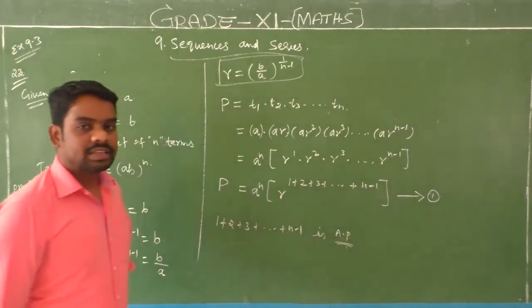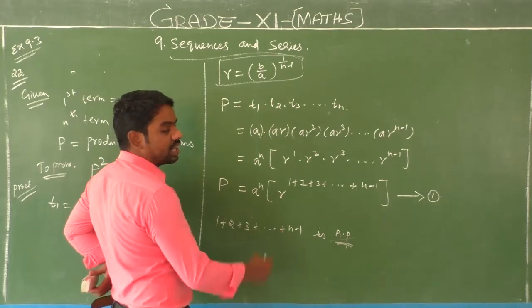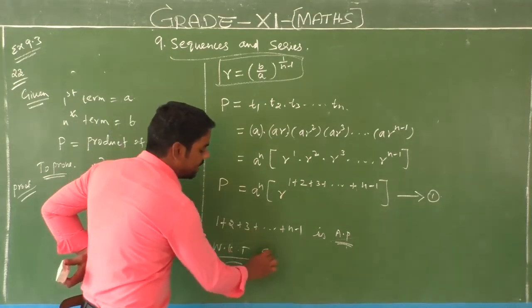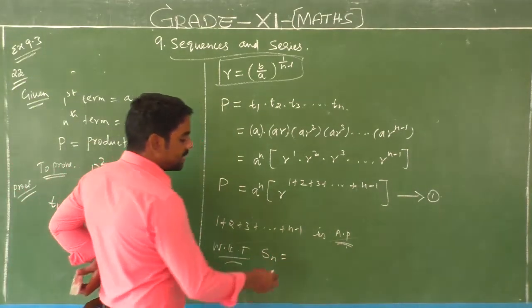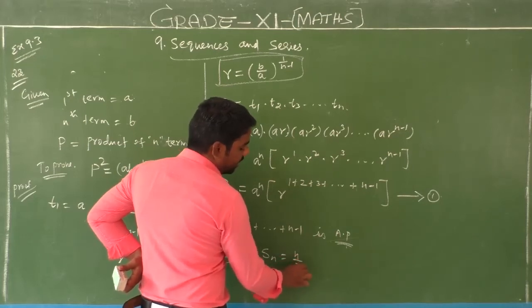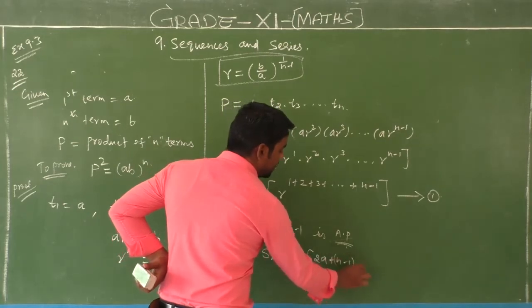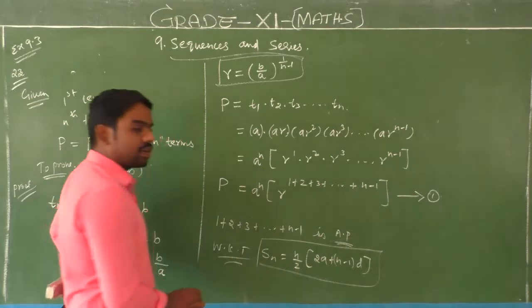We know the Sn formula: the sum of n terms of an arithmetic progression is Sn equal to n by 2 into (2a plus (n minus 1) into d). This is the sum of n terms of arithmetic progression formula.